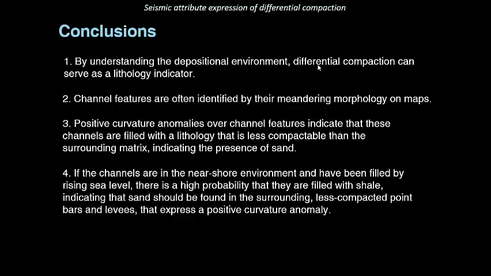And if the channels are in the near shore environment and have been filled by rising sea level, there is a high probability that they are filled with shale, indicating that the sand should be found in the surrounding less compacted point bars and levees that express a positive curvature anomaly.